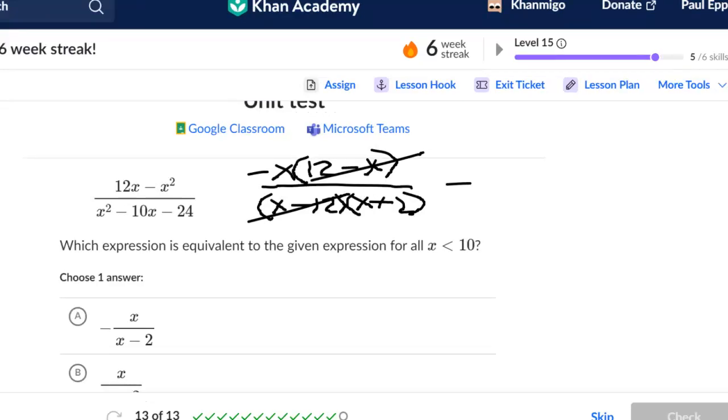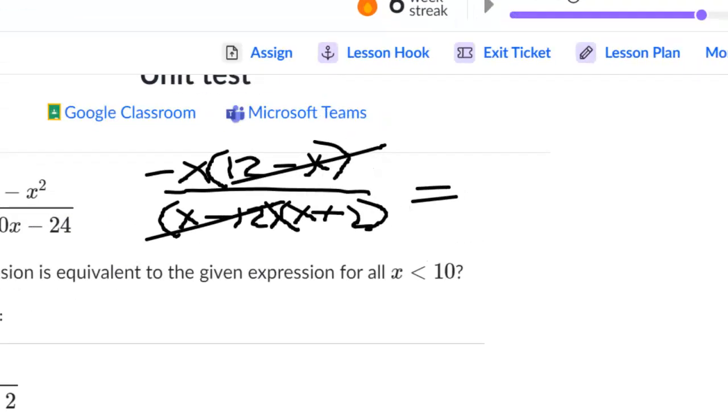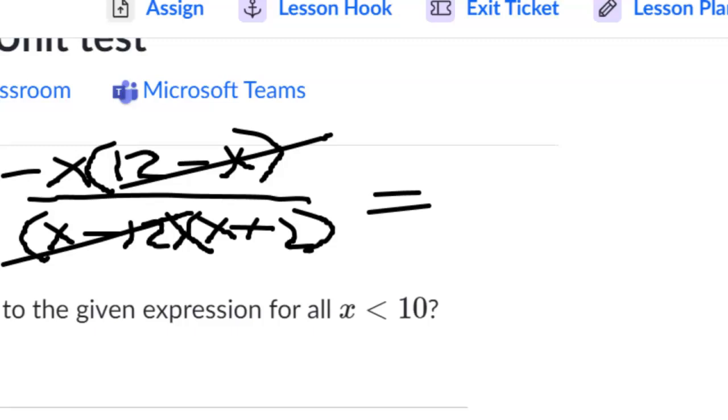And so what we have now is, I didn't mean to write it that big, but okay, let's just do it anyway. Negative x over x plus 2.